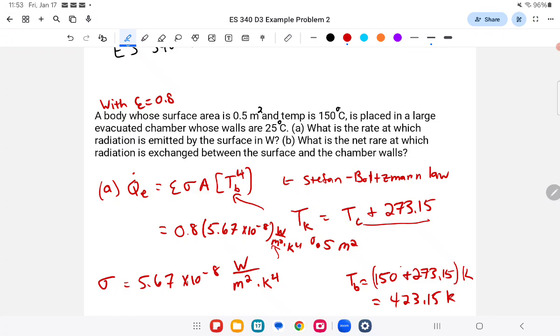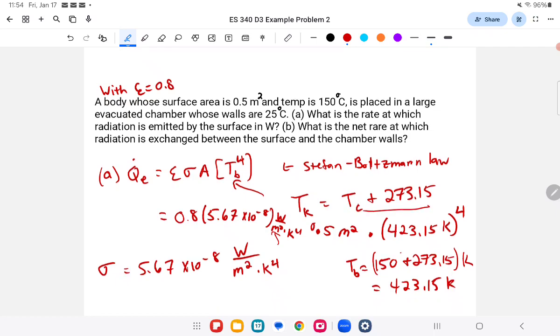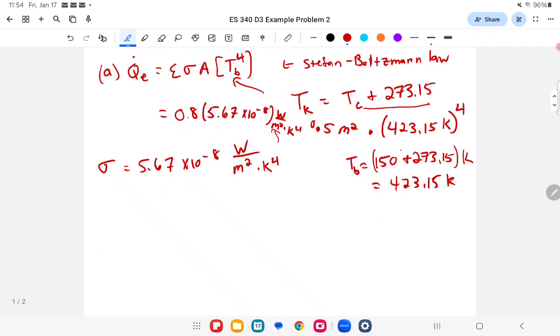So I have to multiply here by 423.15 Kelvin, all taken to the fourth power. Notice that the units are going to work out nicely here. If you multiply this whole thing out, our solution becomes about 727.14 watts.